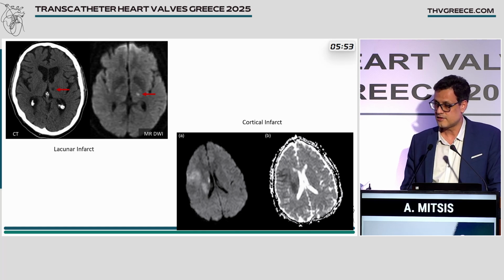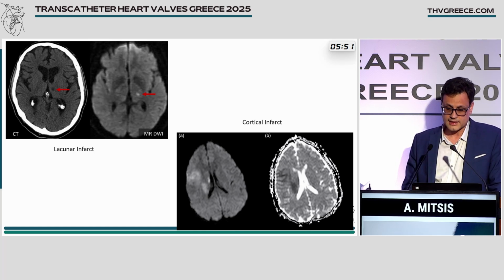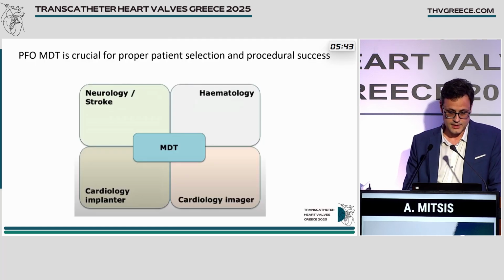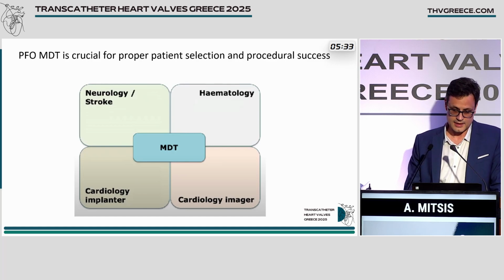Usually, these are the referring doctors. A cortical infarct is the rule. This is the embolic stroke and not the lacunar infarct. And at the end of the day, the decision is made at the level of multidisciplinary discussion in order to find the proper patient.